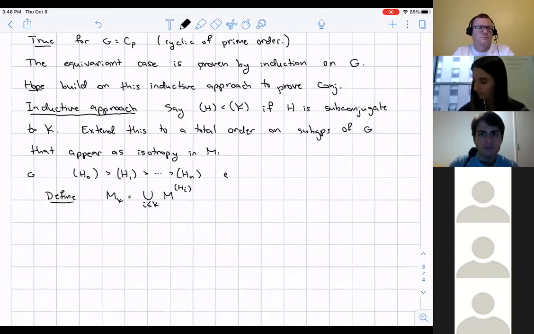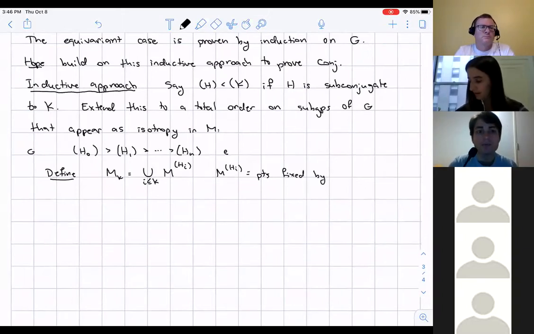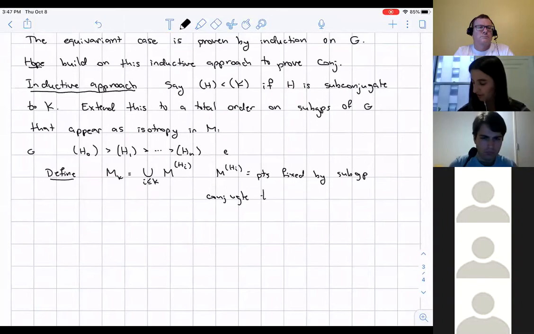And maybe I'll just say M^{H_i}, that's points fixed by a subgroup conjugate to H_i.